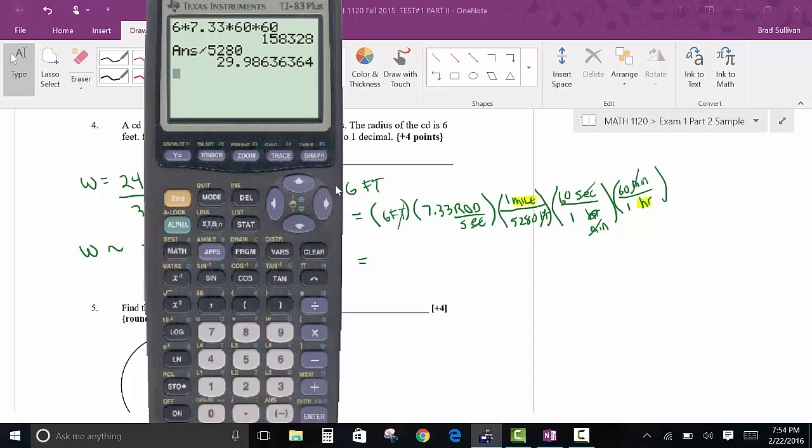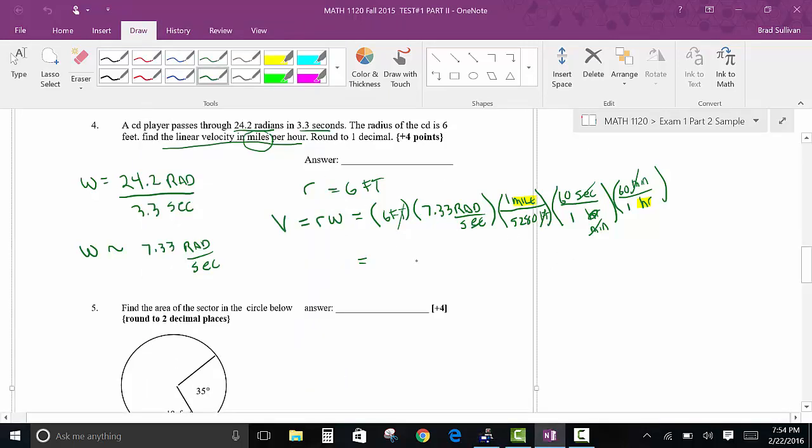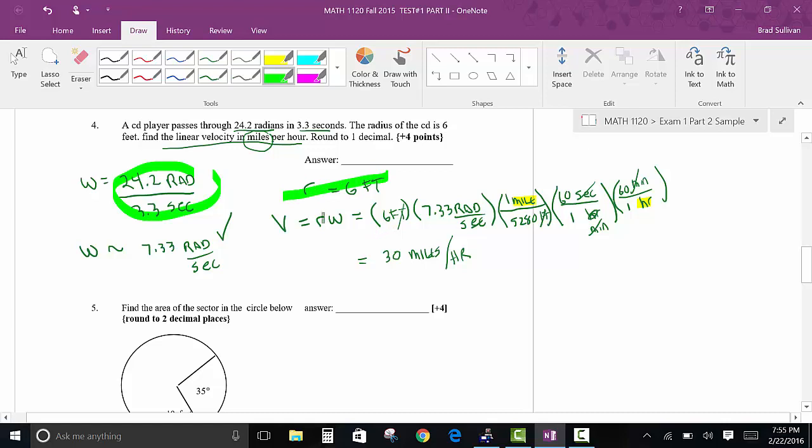And that should give us the answer. So it's about 30. We'll just round that off to 30. So the final answer to that would be 30 miles per hour. So that's a pretty good problem. What I gave you was the angular velocity and the radius, and then we used this formula, V is equal to R omega.